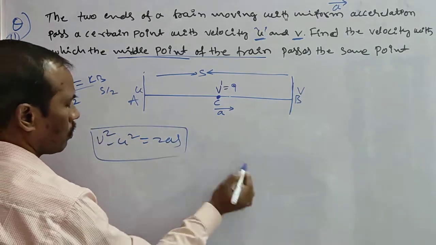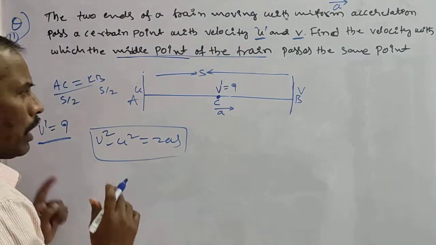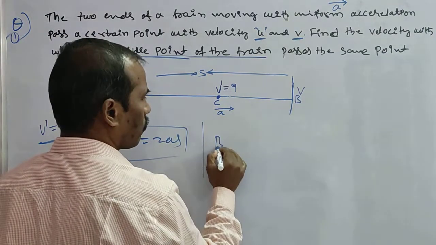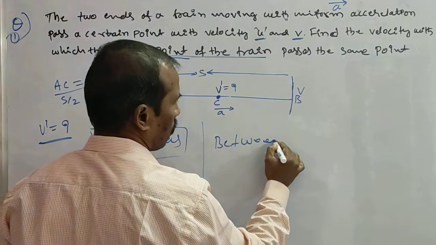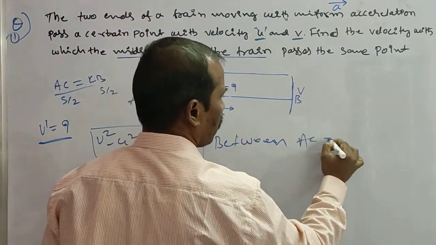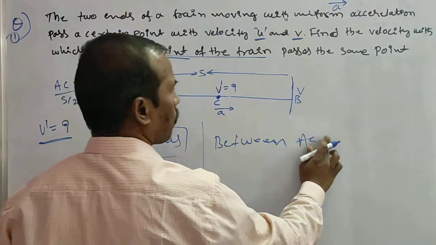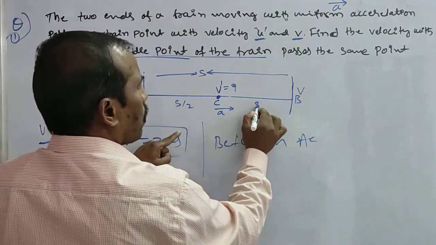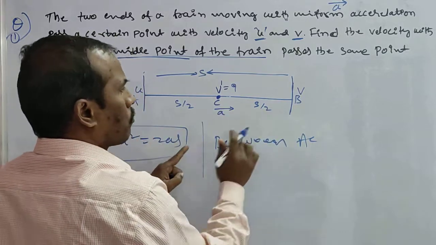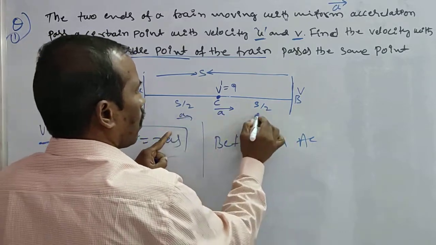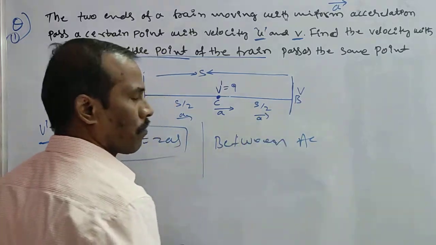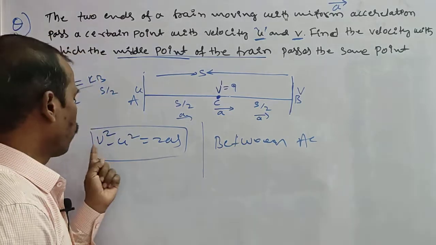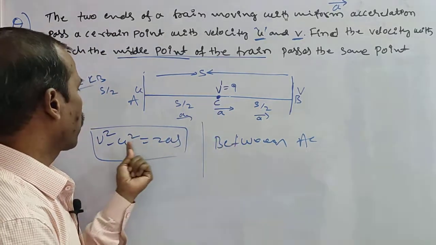Using this formula between A and C, the displacement is S by 2, since this is the midpoint, and the acceleration is a. The final velocity is v prime and the initial velocity is u.